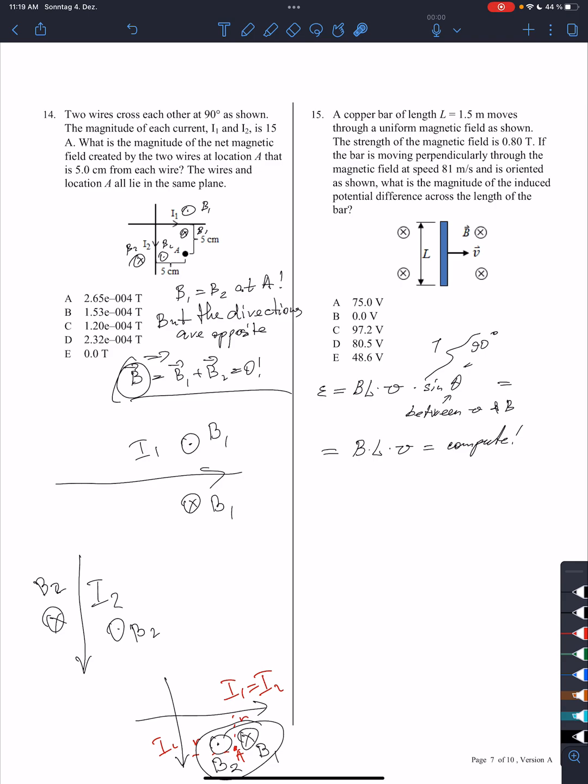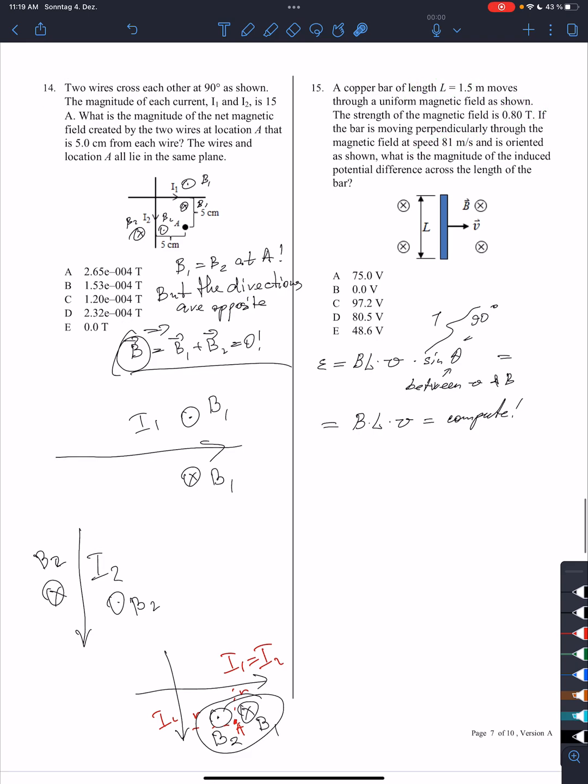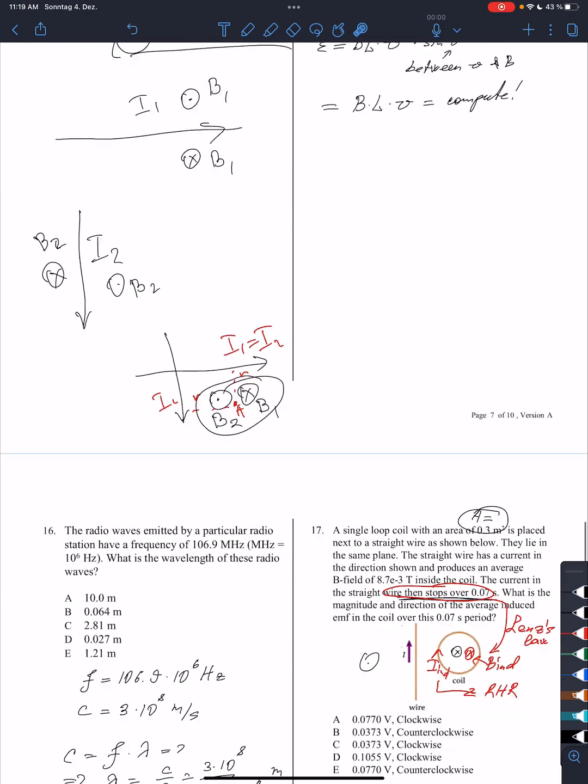Motional EMF is B times L, the length of that bar or whatever is moving, times velocity, times the sine of the angle between the velocity and the magnetic field, and in this case it is 90 degrees, so the sine is 1. So it's BLV. L is given, B is given, V is given. Substitute, compute, check with the key.